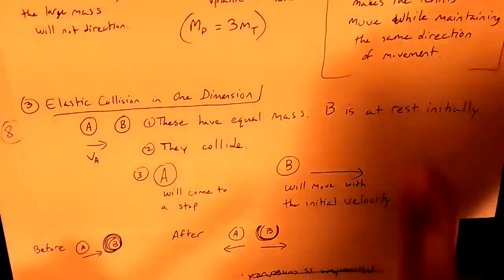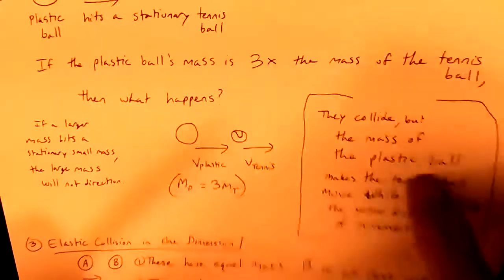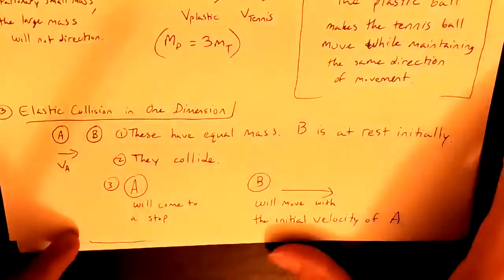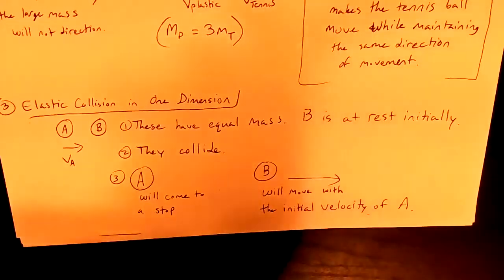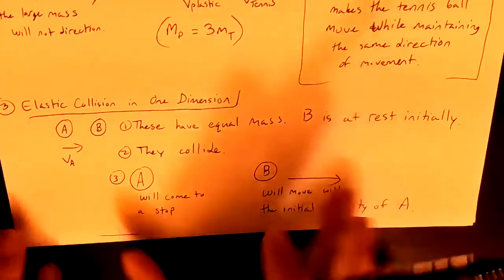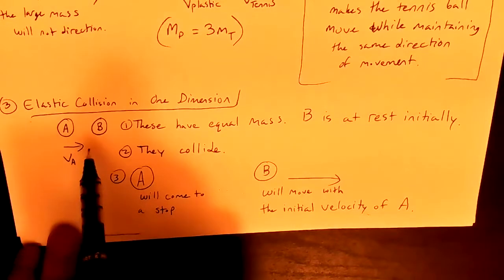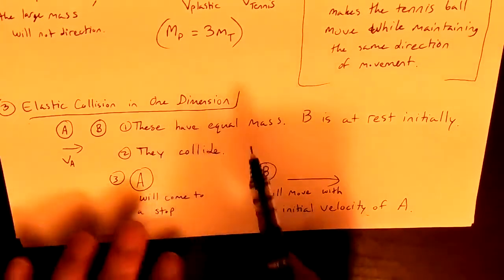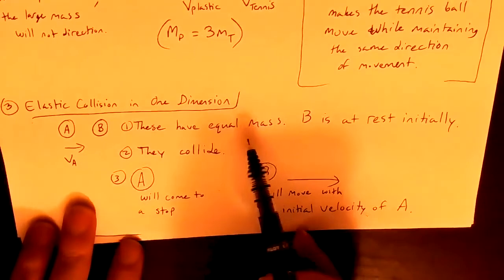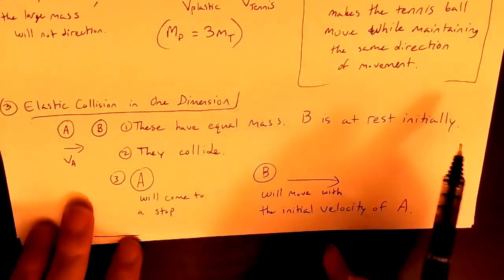The next one, oh, let me get some of those out of the way so you can see. So in this third one, elastic collision in one dimension, we have A and B. These balls or objects have equal mass, and B is at rest initially.